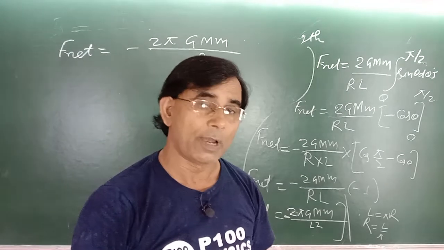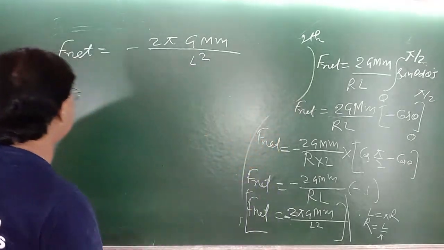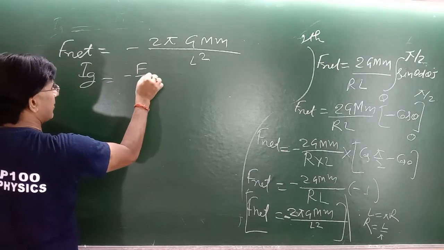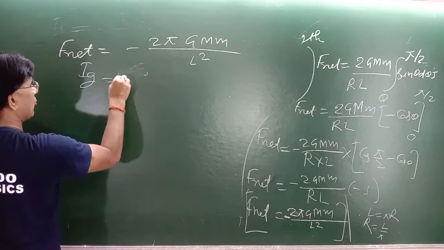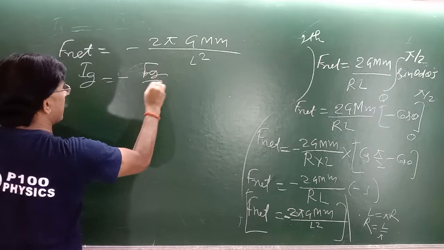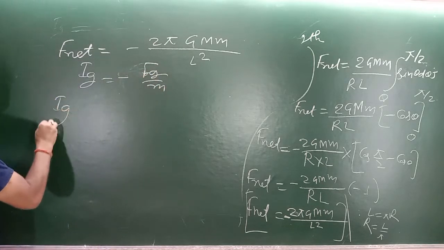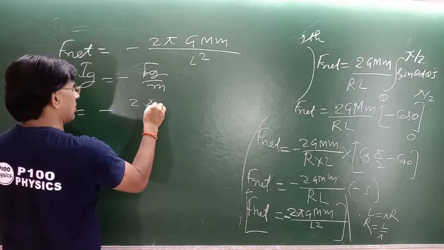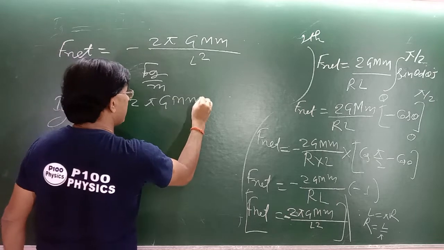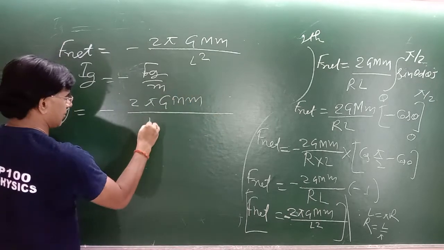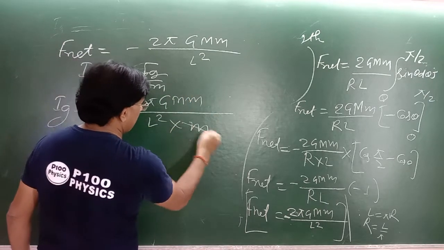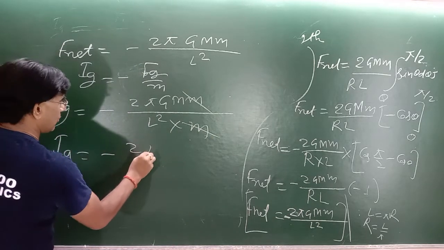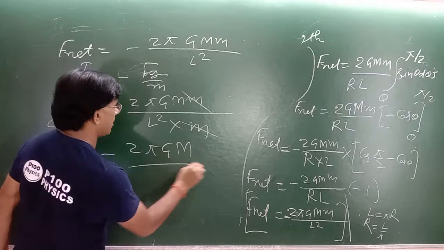But you have to determine the value of Ig, and since Ig equal to minus Fg by m, Ig becomes minus 2 pi GmM upon L square into m, m becomes cancelled. The final answer of Ig becomes 2 pi GM upon L square.